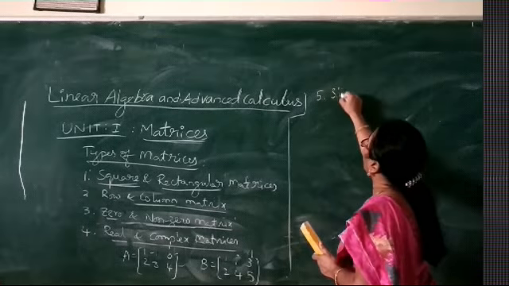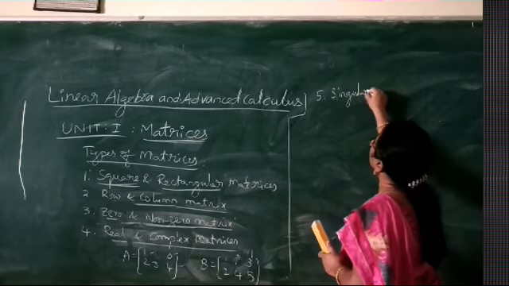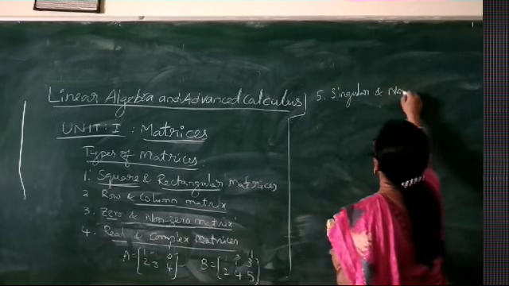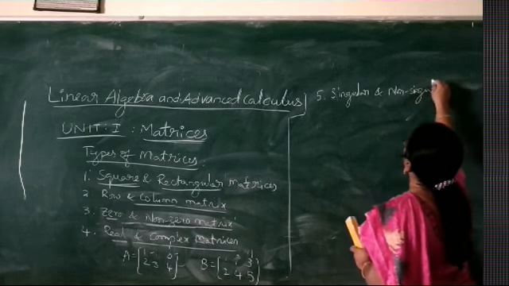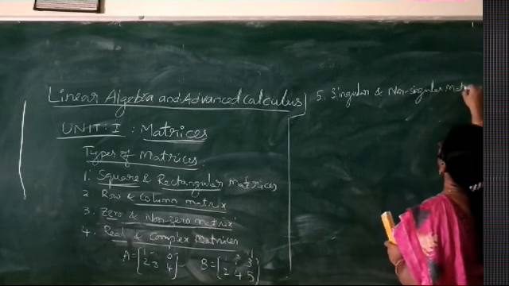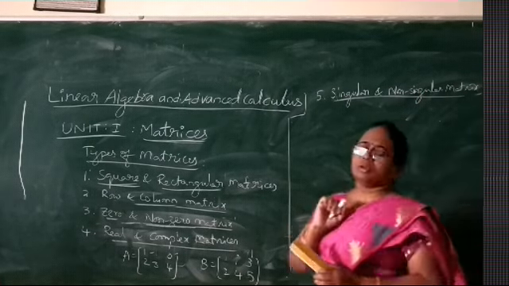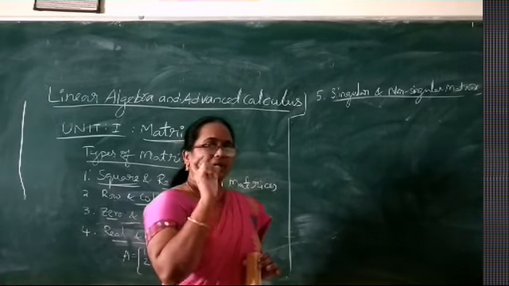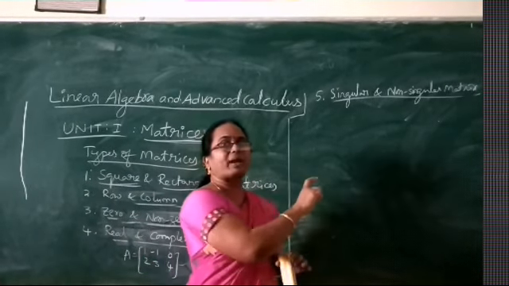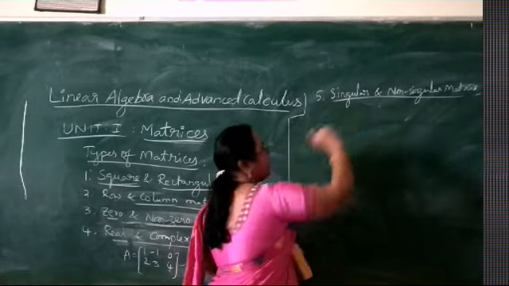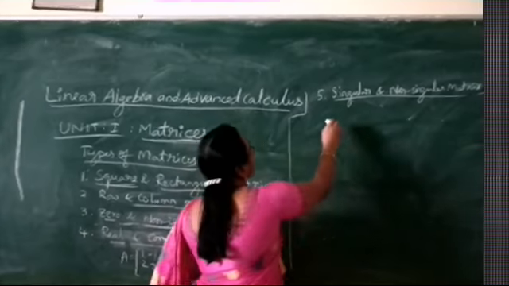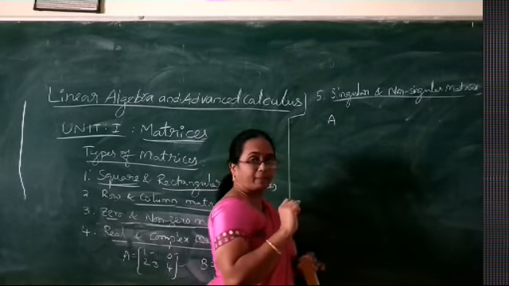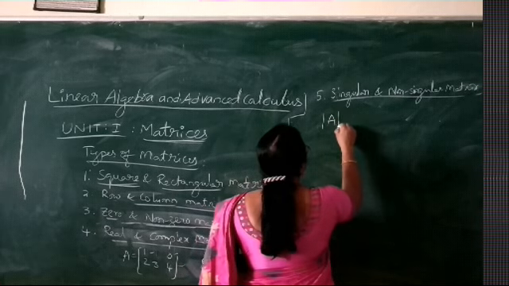We have singular and non-singular matrices. First of all, we must have a square matrix. We consider only square matrices for defining singular and non-singular matrices. Suppose that A is a square matrix and consider its determinant.